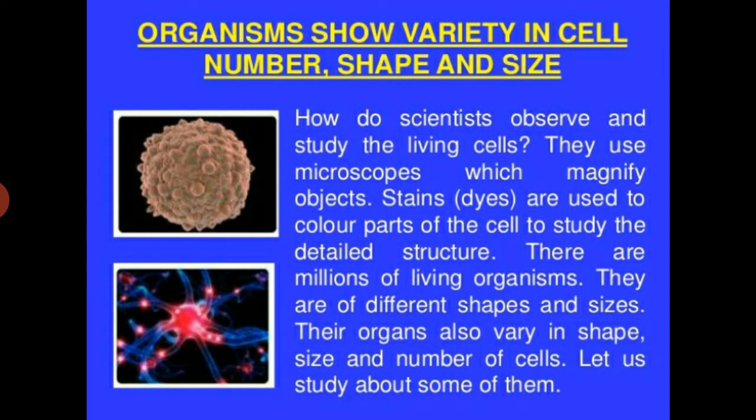Next, organisms show variety in cell number, shape, and size. How do various organisms show the variety in cells? Cells are compared by their numbers, how many cells are present in this organism's body, what is the particular shape of the cells present in this organism, and what is the size of the cells.